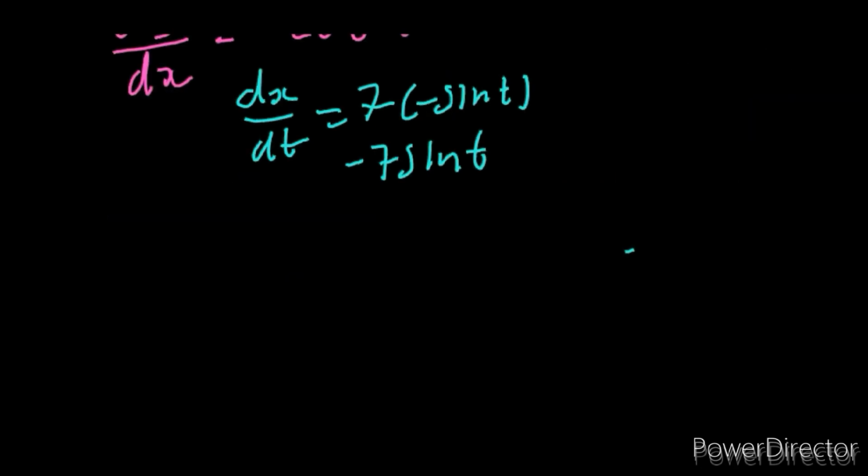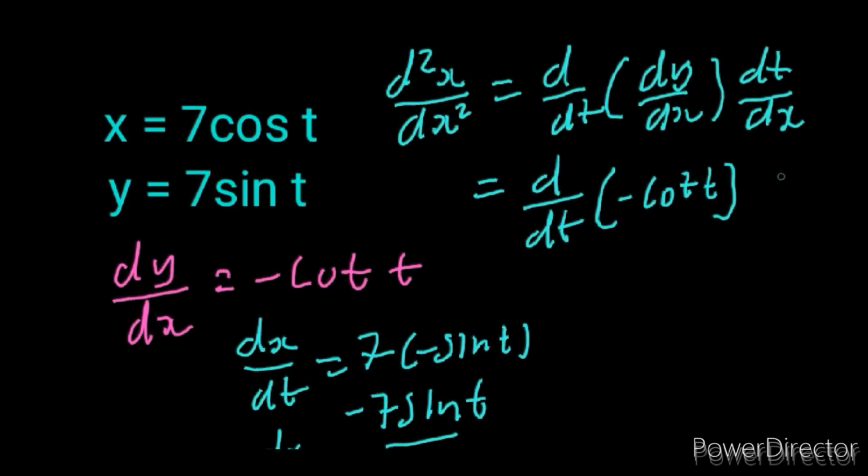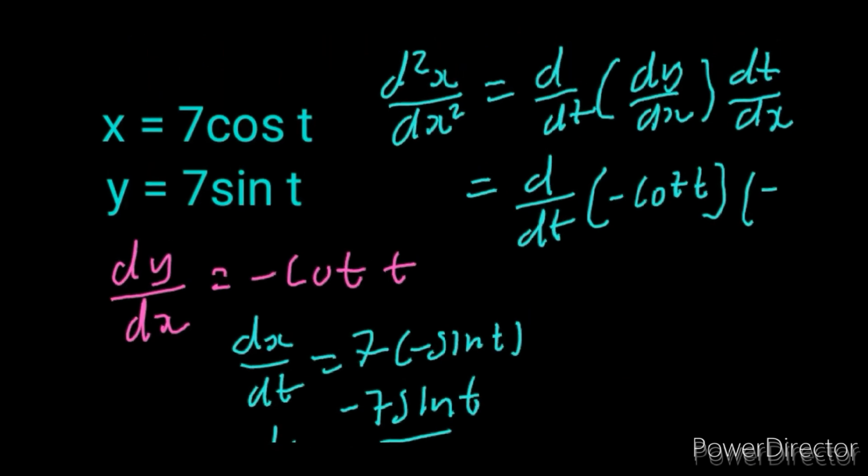So dx over dt is equal to this stuff, which is the same as over 1. When we switch the left hand side to dt over dx, we have to switch the right hand side as well. So it's going to be 1 over negative 7 sine t. So now we've got negative 1 over 7 sine t. So that's what we have.